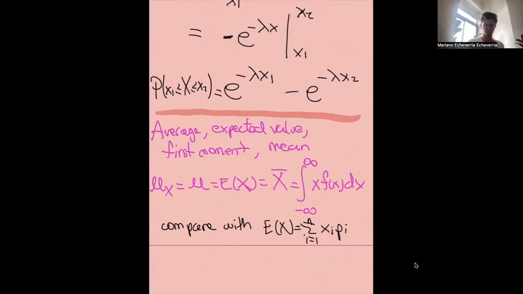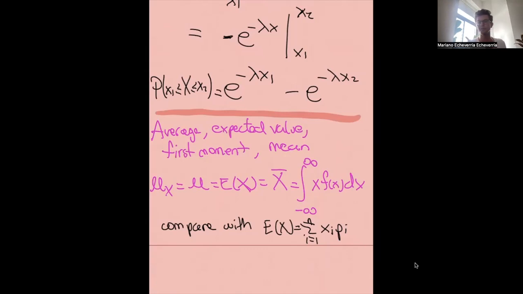Is that making sense? It's relatively reasonable, and it is not a difficult integration problem.